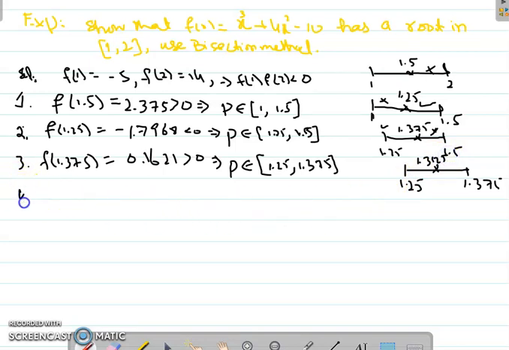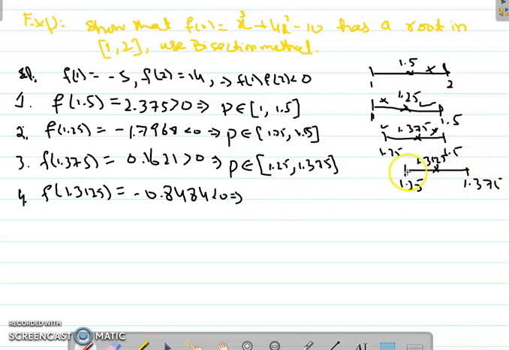The middle point is 1.3125, and on the fourth iteration we will substitute this 1.3125 in the given function, and we will get minus 0.8484, which is again less than 0.